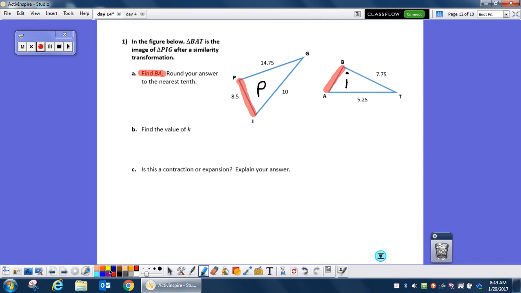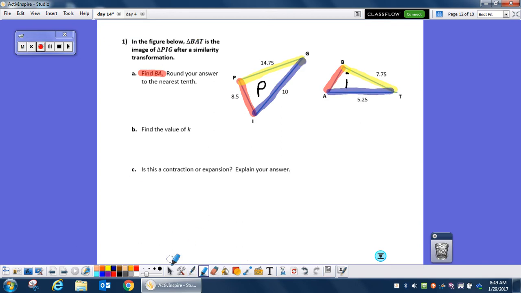Okay? And then I pick another side in the image, so if I use BT, it corresponds to side PG. And then hopefully, if you do this correctly, your last side, IG, corresponds to AT.